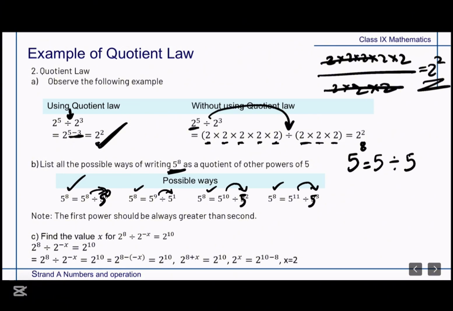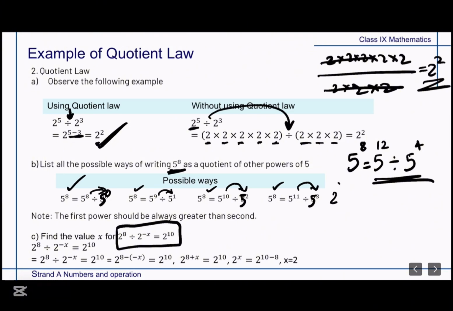So maybe if I take 12, which means I have to subtract 4 to get the value of 8. So this is how it becomes a possible way to represent 5 raised to 8. Now you can try giving me some more ways and put them up in the comment section so that I can review it. An advanced level question here again.